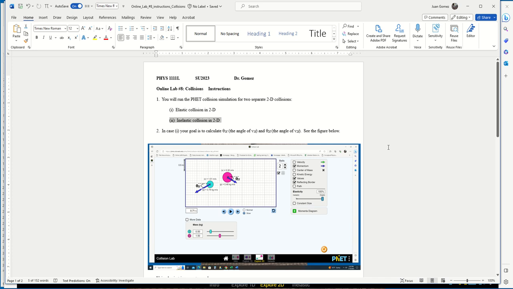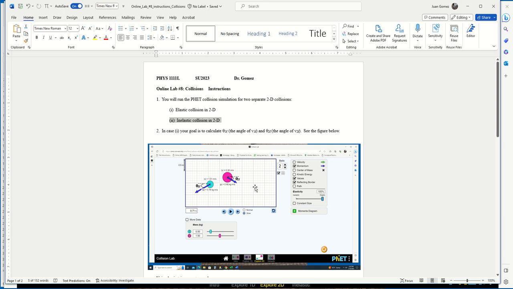Our goal in case 1 is we want to calculate what I call theta 1 final and theta 2 final. As indicated in the figure here, theta 1 final is the angle that V1 final makes with the x-axis. Remember, V1 final is the final velocity of M1, which is the blue.